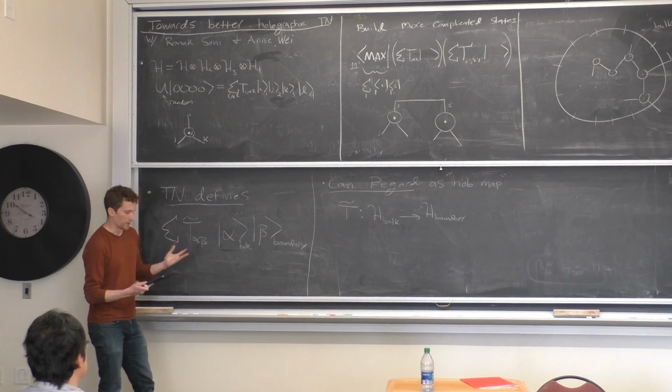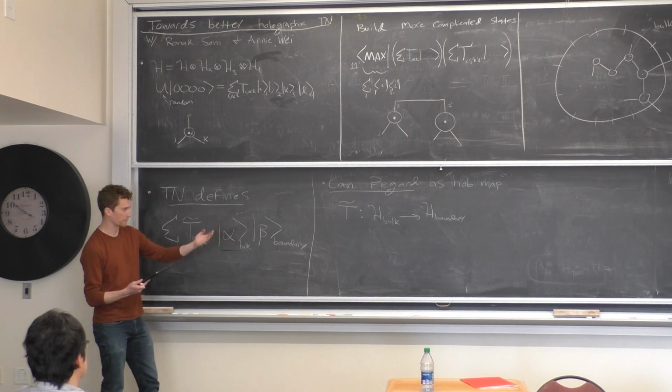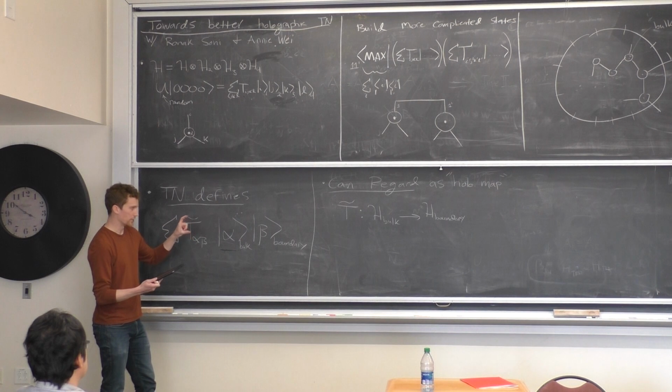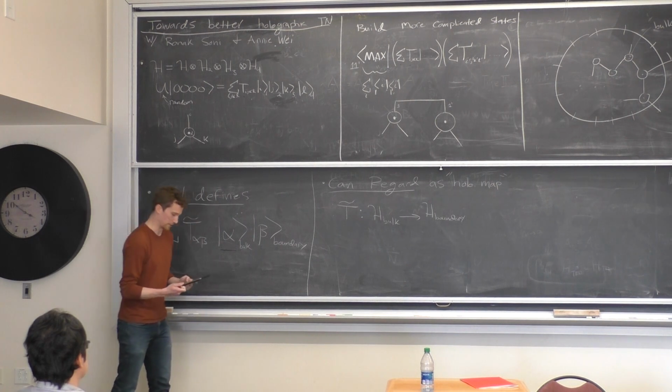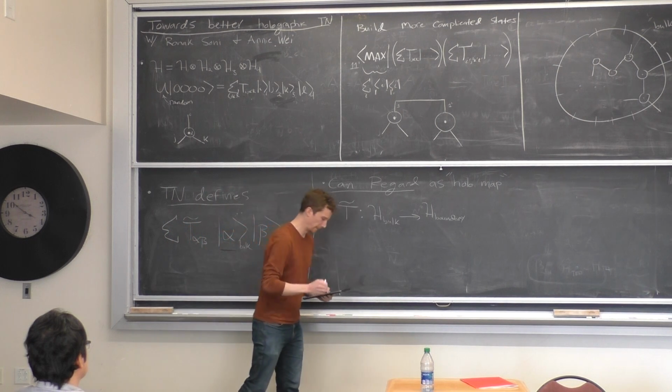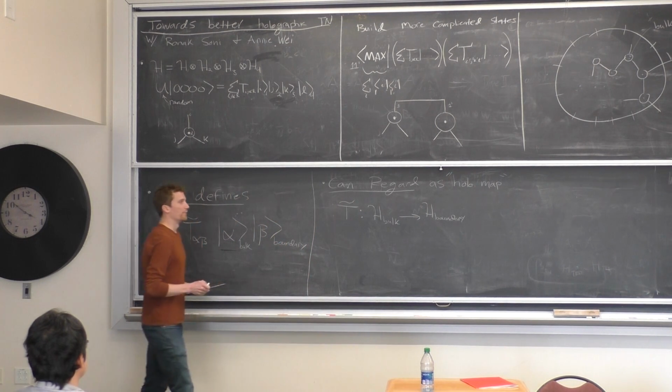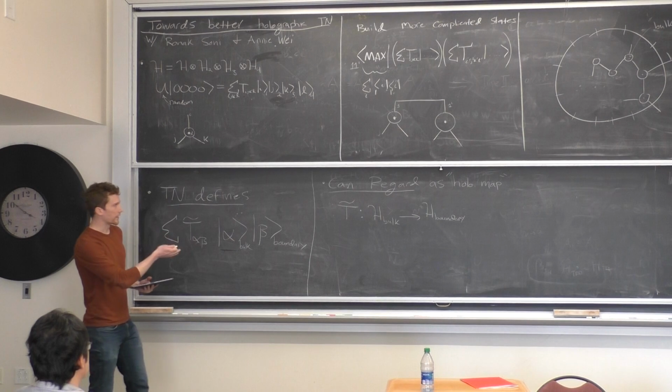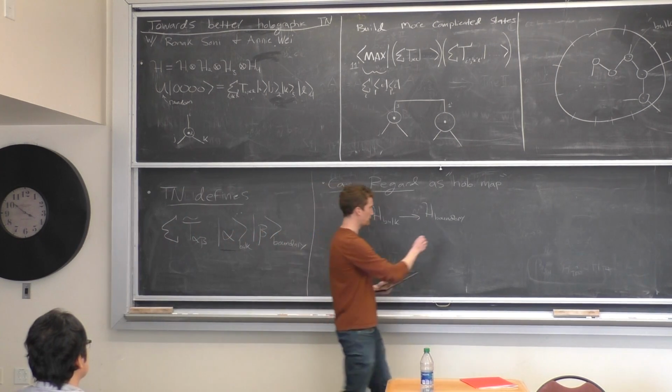Or a different way, its equivalent is given some psi bulk, you can act psi star, or the star is the complex conjugate, on the states, and then you'll get some other state that's the boundary doing that. So why do you care about this as a map?